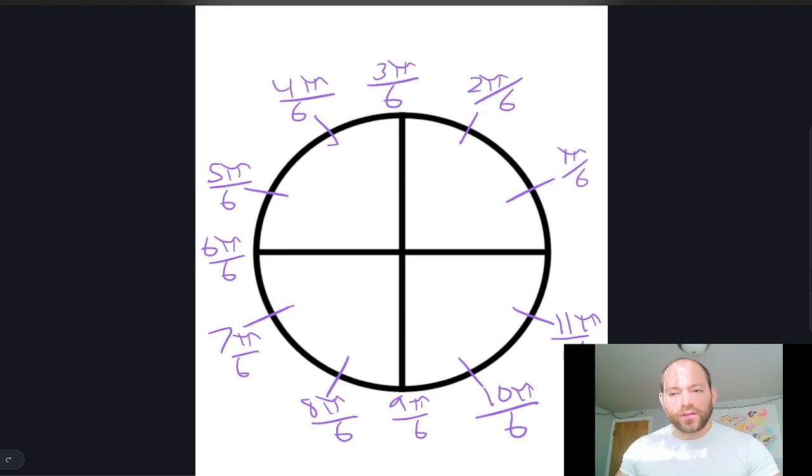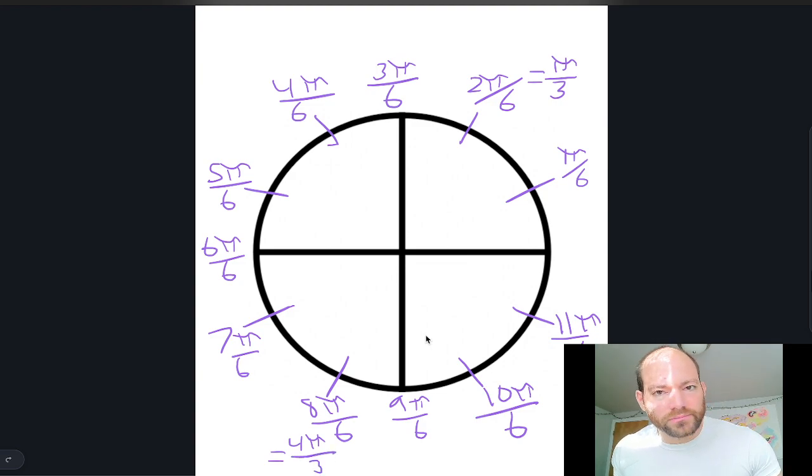Now, once again, there's reducing that can be done, right? Like 3 pi over 6, of course, reduces to pi over 2. 6 pi over 6, of course, reduces to pi. 2 pi over 6 reduces to pi over 3. Right? 8 pi over 6 reduces to 4 pi over 3. And so on.